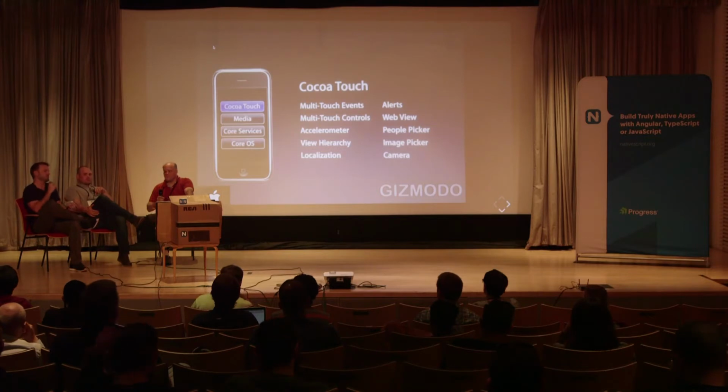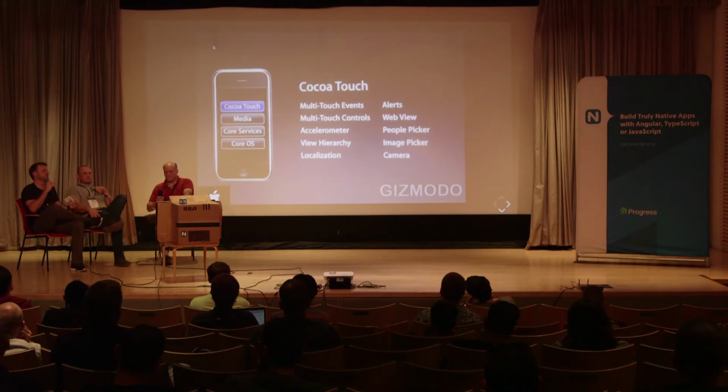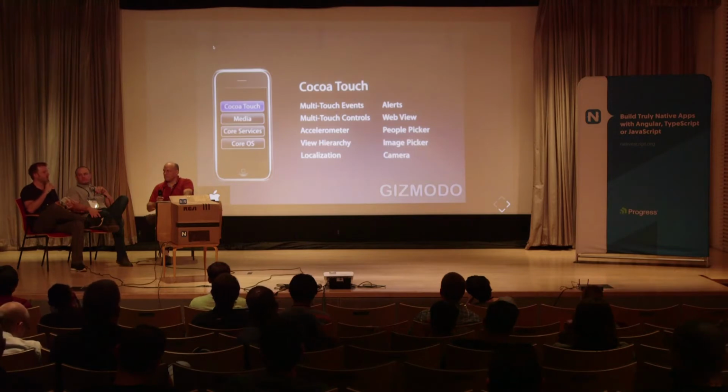And Cocoa Touch in particular expands those Objective-C frameworks to provide mobile-specific functionality. Touch and mobile devices are very specific: multi-touch events, multi-touch controls, accelerometer. All this stuff is not something you need on a desktop or laptop. So it's important to understand that this Cocoa Touch library really is at the fundamental base of a lot of things you work with for the iPhone.